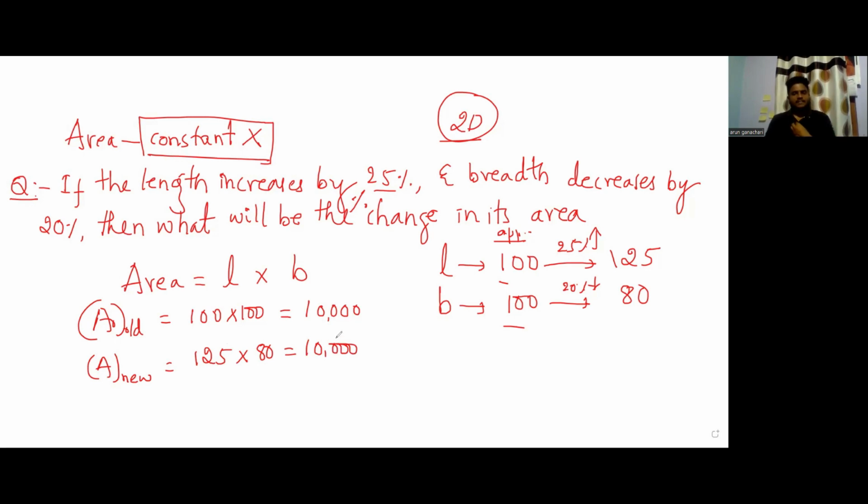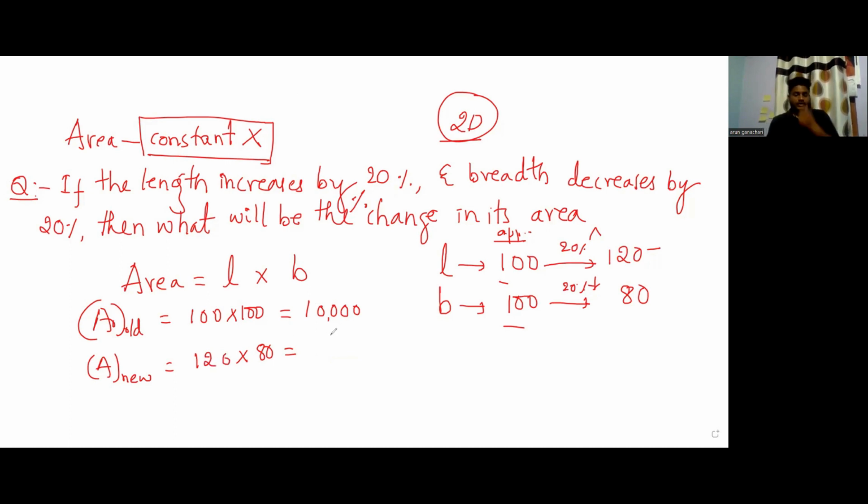Getting this? Luckily in our question the area did not change, but let's change this actually. We'll change this to 20% also. If we change this to 20% also, how much will we get? This 100 will become 120 here. So it will be 120 into 80.